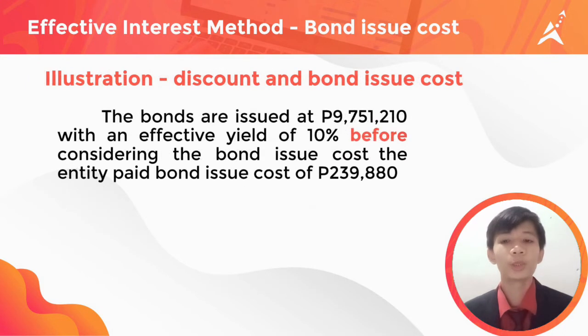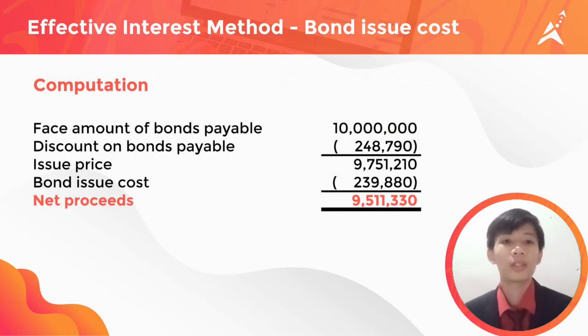The bonds are issued at 9,751,210 pesos with an effective yield of 10% before considering the bond issue cost, and the entity paid bond issue cost of 239,880 pesos. So this will be the computation to get the net proceeds. The face amount of bonds payable is 10 million, then deducted by the discount on bonds payable of 248,790 to get the issue price of 9,751,210.